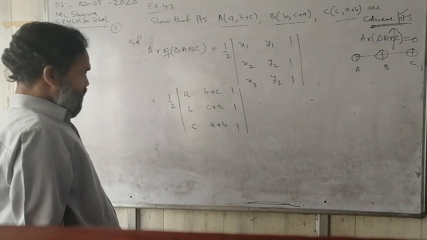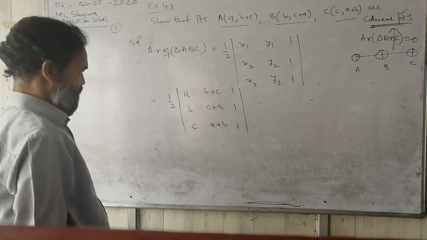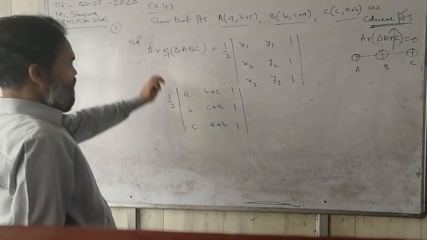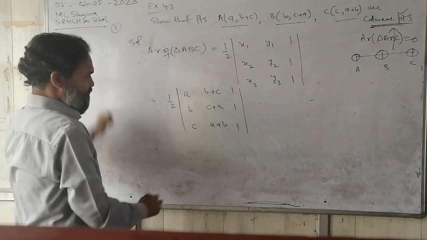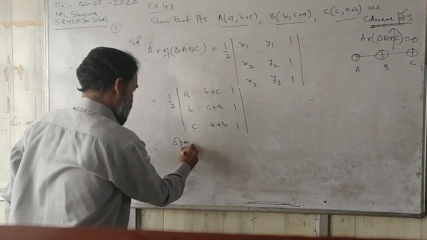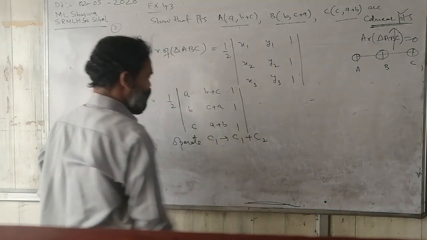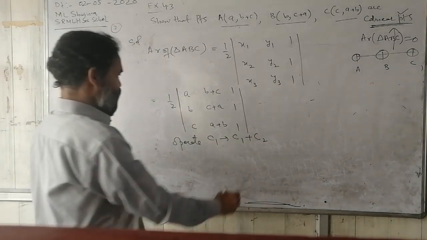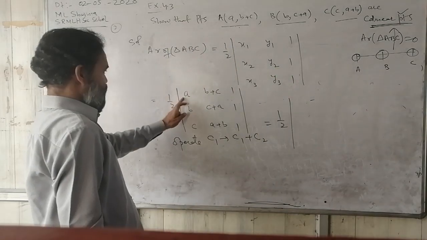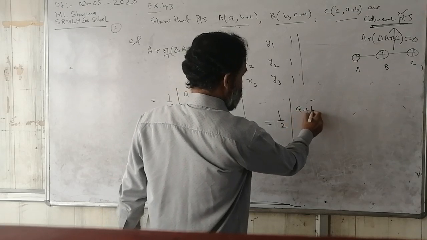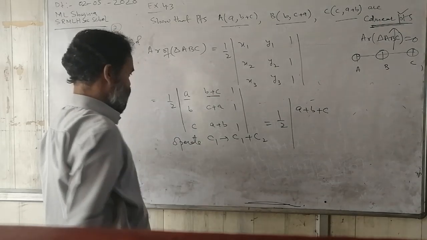Before I expand this, I can operate on it. If this is column C1 and this is column C2, I operate C1 as C1 plus C2. So my determinant will be a plus b plus c. I have added this element and this element together.